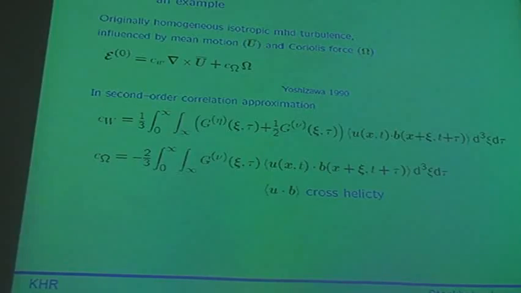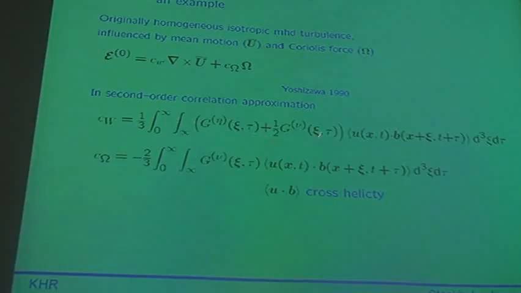Then you can show, and the first who did it was Yoshizawa in 1990, that you get an electromotive force independent of the mean magnetic field, completely independent of the mean magnetic field, with this structure: a coefficient times curl of u bar, the mean vorticity, and a coefficient times omega. It turns out that these coefficients have something to do with the cross-helicity, u times b.